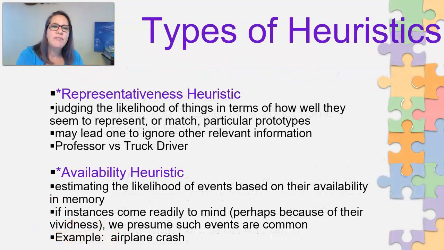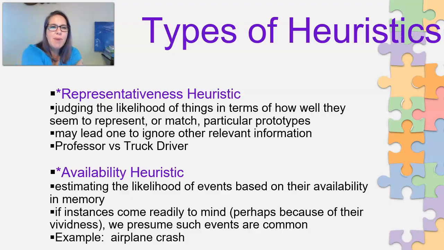All right, so there are two different types of heuristics. And again, here's another set of confusing pairs for you. So the representativeness heuristic is making a judgment or solving a problem based on how well it is represented or matches a particular prototype.